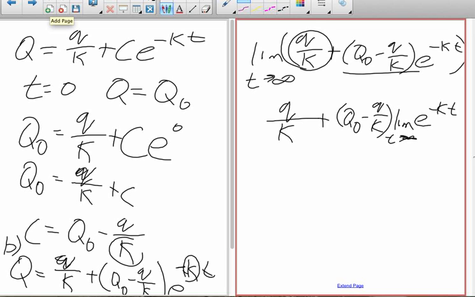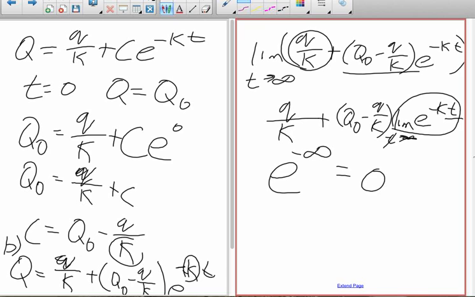All right, now, important thing to remember, e to the negative infinity is 0. So this whole term here, when I plug t in, I get infinity, goes to 0.